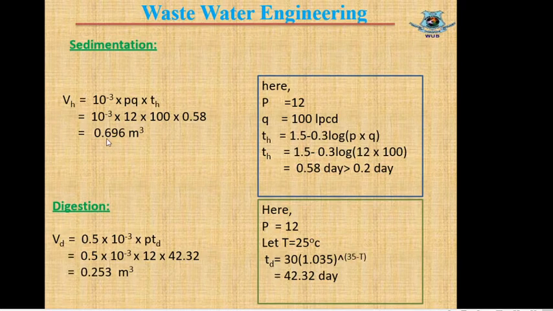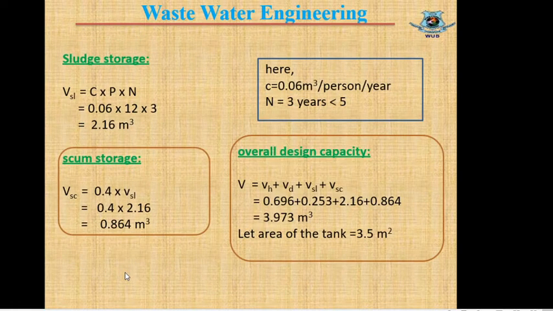Here VA is equal to 0.696, VD equal to 0.253, VSL equal to 2.16, VSC equal to 0.864. By summing all these 4 items, we get the overall volume of the tank as 3.973 meter cube. So it is finished to calculate the volume.